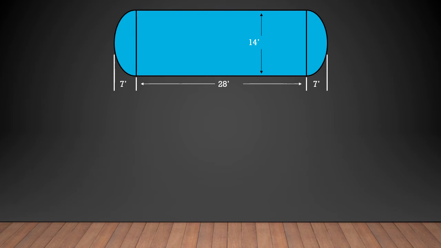So now that we have the cylinder, we need to figure out these two little end caps. They're basically hemispheres, and when you put them together, they make a sphere. So we need to figure the volume of the sphere, which is 4/3 pi radius cubed. And since they are hemispheres, 7 foot will be our radius.